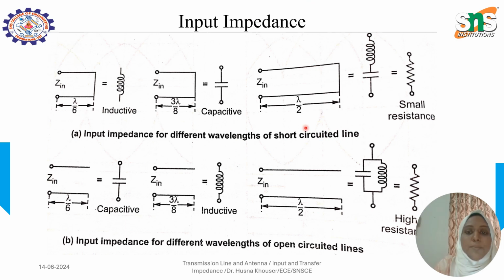For lambda by 2, that is the length of the line, this will be inductance and capacitance in the series form with a small resistance. That is the input impedance for the different wavelengths of the short circuited line. And similarly for the input impedance for different wavelengths of the open circuited line, this will be capacitive, and this is also inductive. So for this we assume it will be in the parallel form, a tank circuit of LC components with a high resistance.